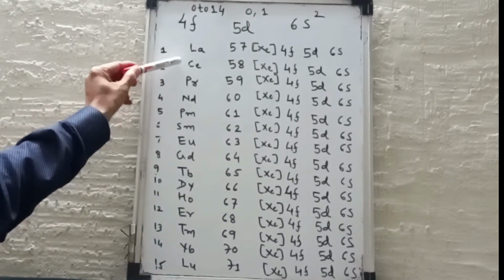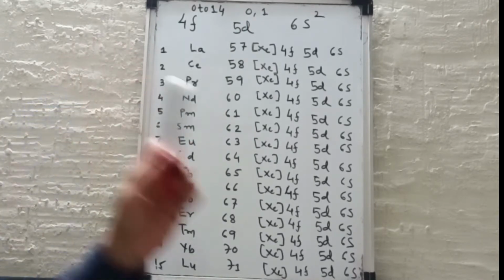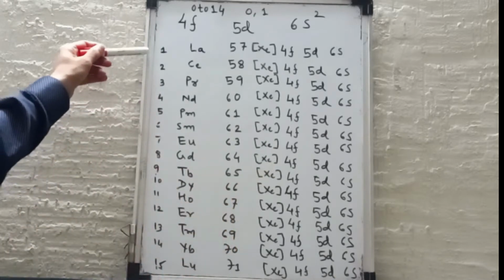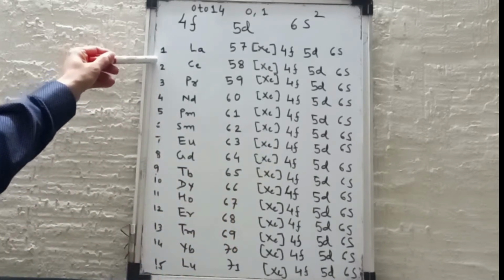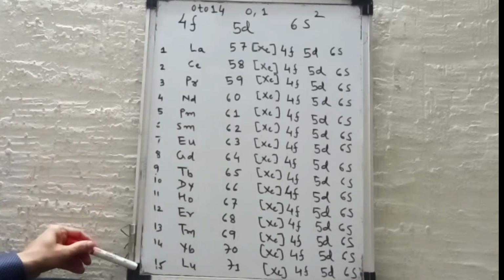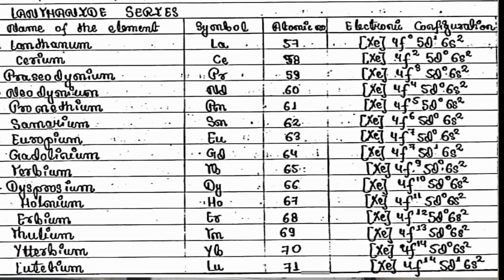Here we are going to make a table with columns. In the first column we write numbers from 1 to 15. In the second column we write the name of the element. In the third column, the symbol of the lanthanide element. In the fourth column, the atomic number, and in the fifth column, the electronic configuration.